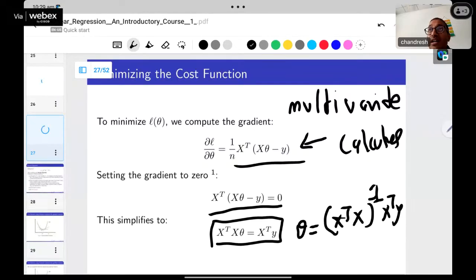Or maybe, I don't know, whether you had seen this equation in your linear regression course, or maybe what you had seen was theta 0 computed as the covariance of x and y divided by the variance of x.